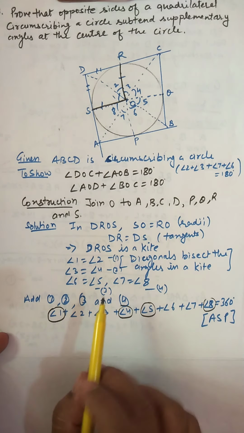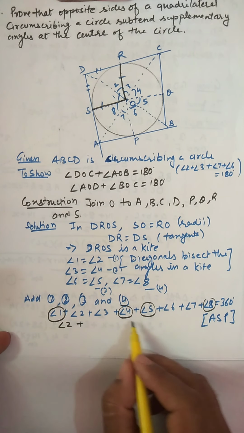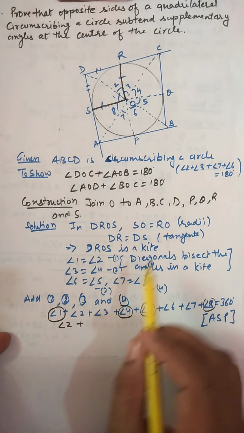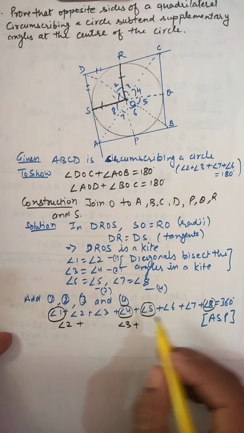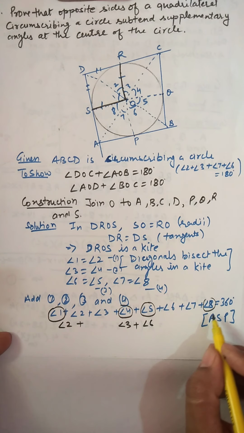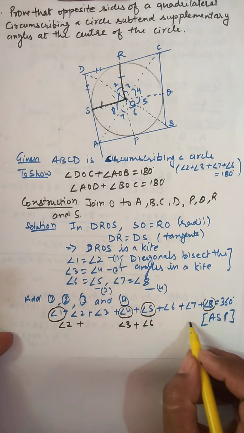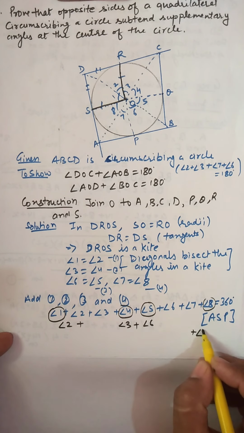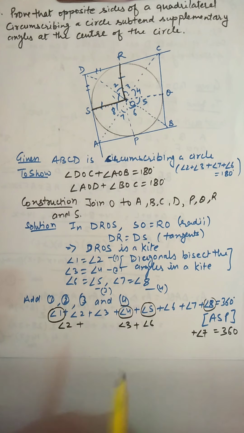So replace this. 1 is equal to 2 as given, and this 4 is given to you equal to 3, so replace this by 3. This 5 is equal to 6, and this 8 is equal to 7, so replace this as 7, and this is 360, and the rest of the angles you write as they are.